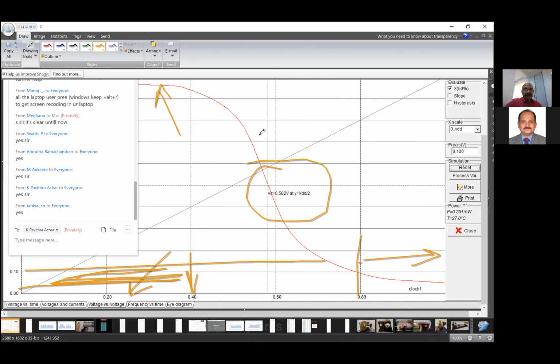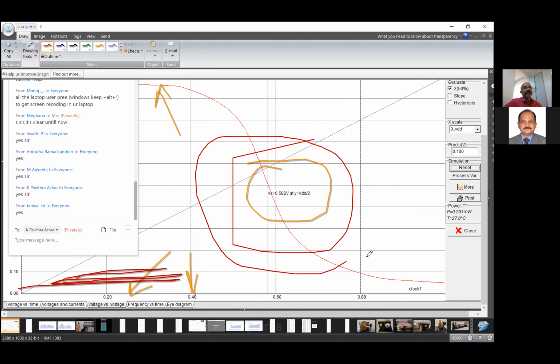But what happens in between? In this zone, when the input is around 0.6, both of the transistors are at almost the same drive strength, and hence they are swapping their mode of operation.